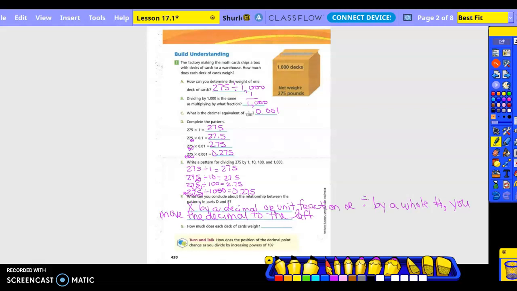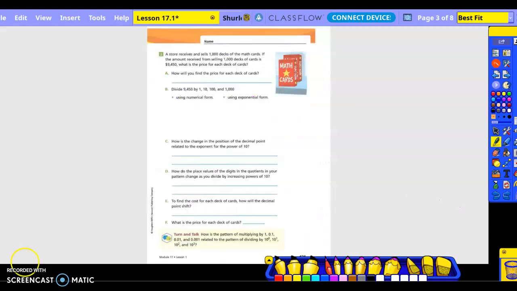Okay, so how much does each deck of cards weigh? 0.275 pounds. Number 2, a store receives and sells 1,000 decks of the math cards. If the amount received from selling 1,000 decks of cards is $9,450, what is the price for each deck of cards?